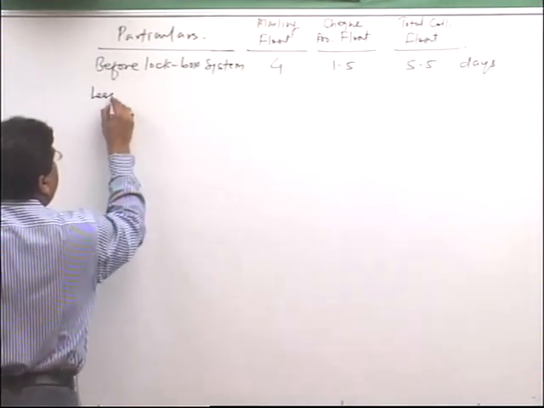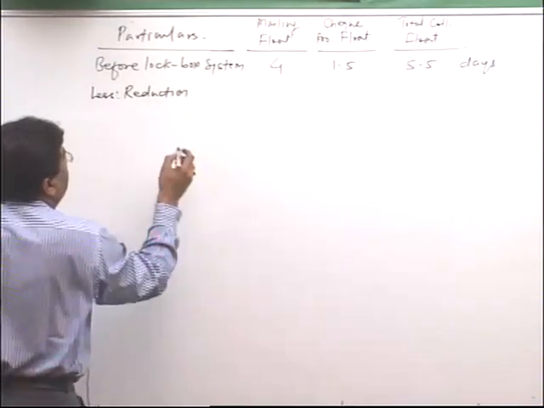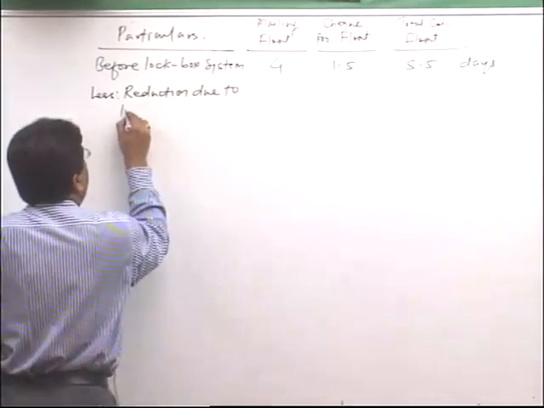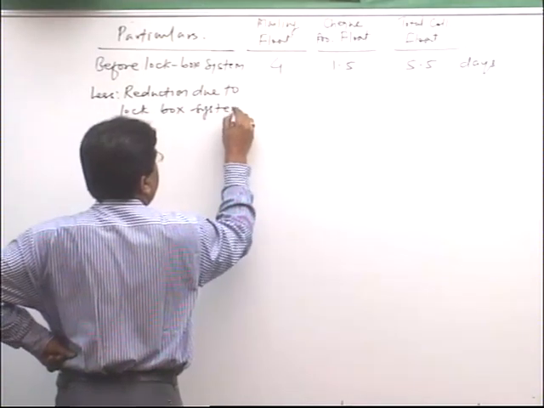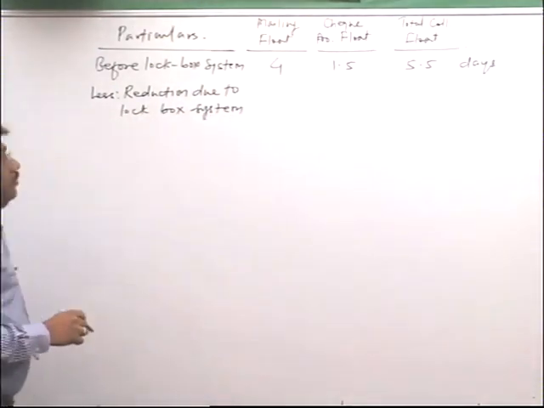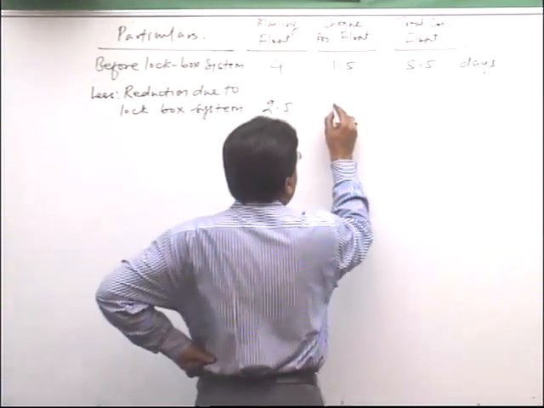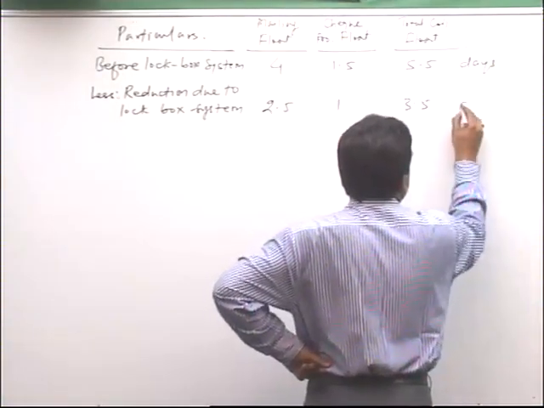Less: reduction due to lockbox system. Due to lockbox system, the mailing float is reduced by 2.5 days. Check processing float is reduced by 1 day. So, total reduction is 3.5 days.